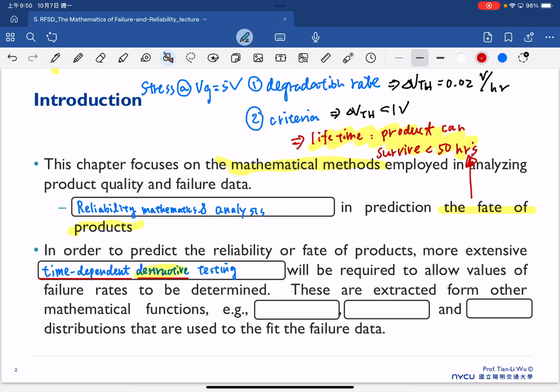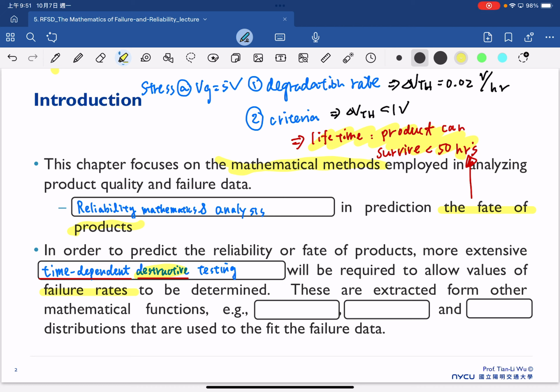Because once we test until fail, we can start to know what would be the limitation for our product or our device. What would be the time limitation for our product or our device. So, more extensive time-dependent destructive testing will be required to allow values of failure rates to be determined.